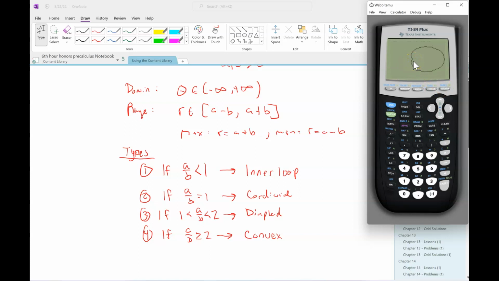So notice the dimpled and the cardioid look very similar. It's just how sharp the crack is there. Really, though, we call that indent a dimple, like on your golf ball. You know how your golf ball has little indents all over it? Those are called dimples. The same idea here. It's got one little dimple there.